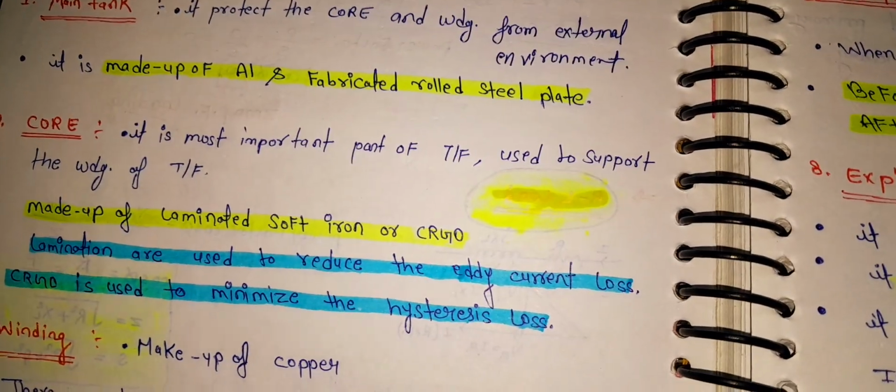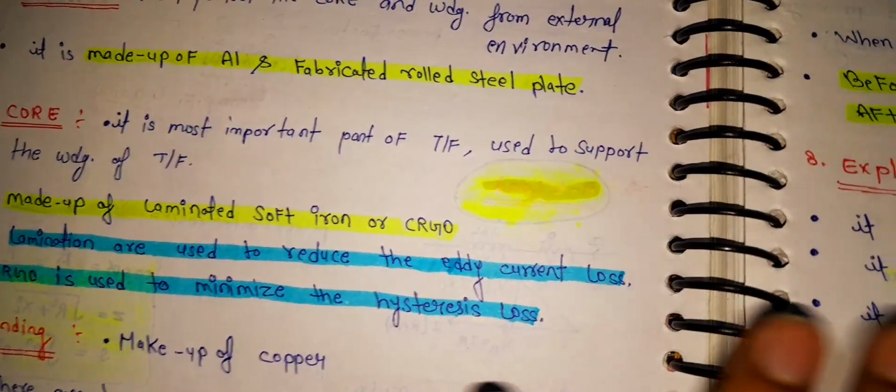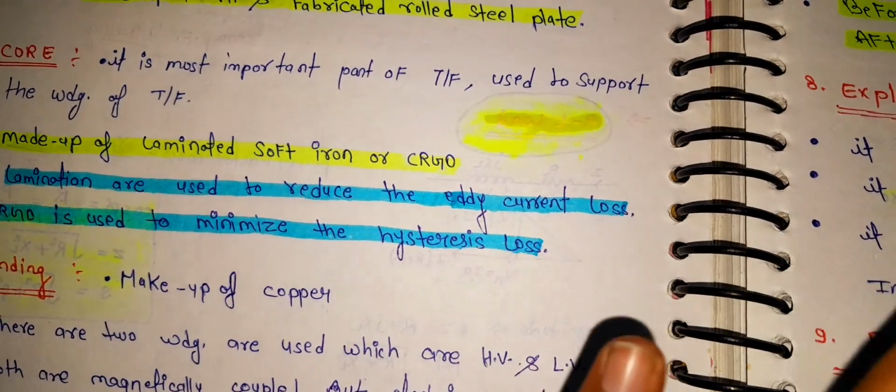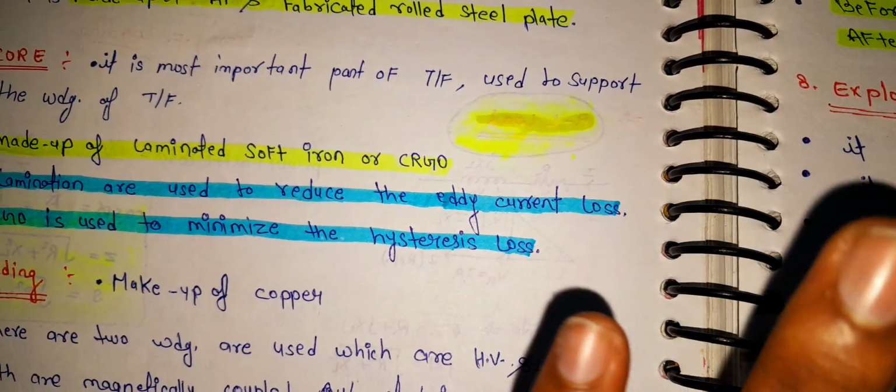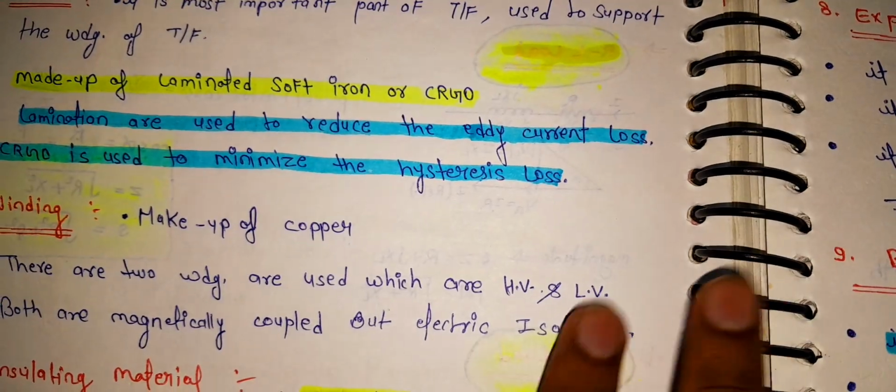The winding is made up of copper. There are two windings, primary and secondary, and both are coupled magnetically, not electrically.